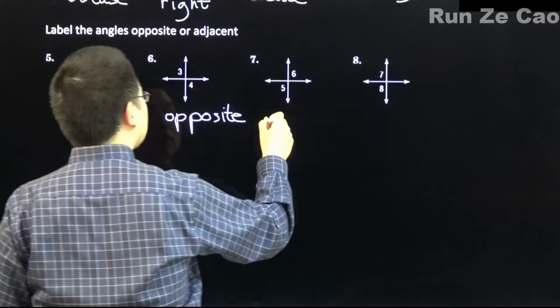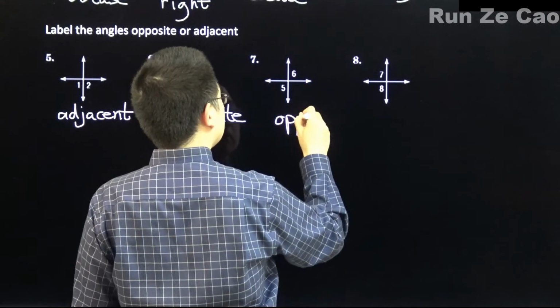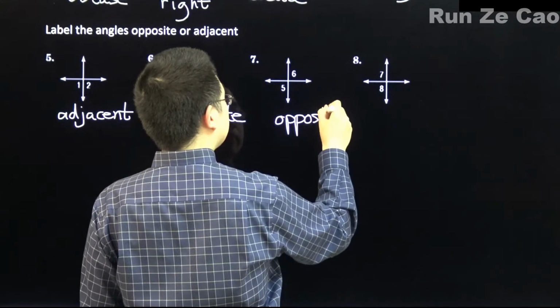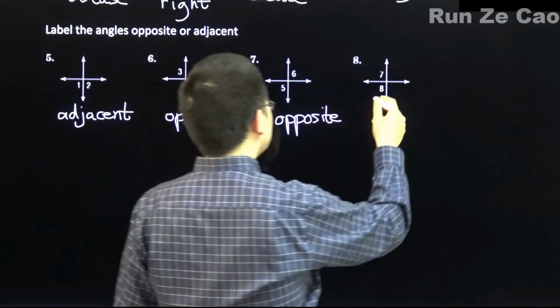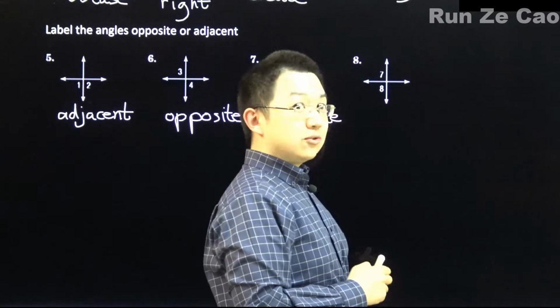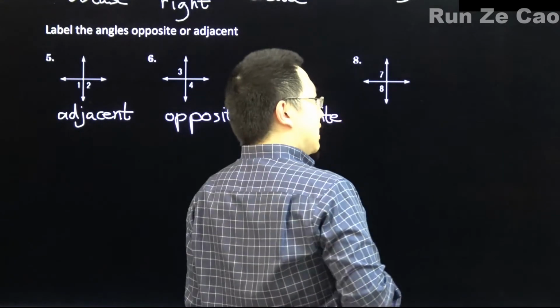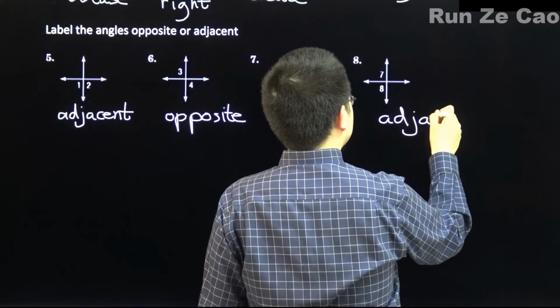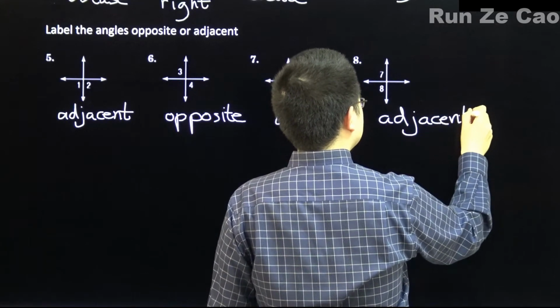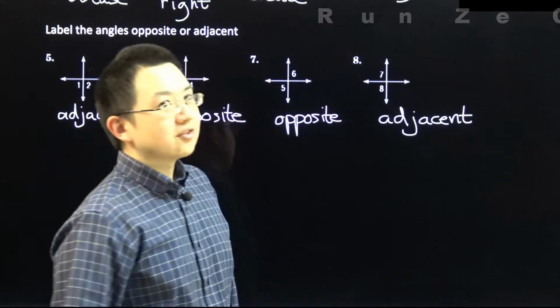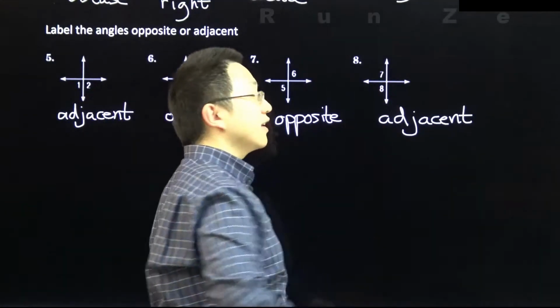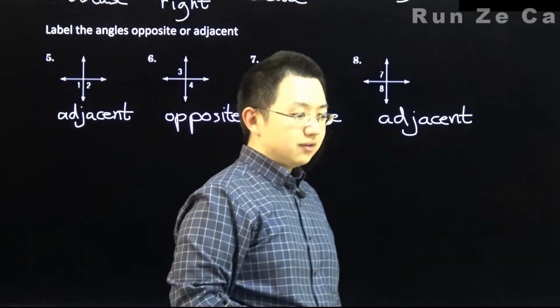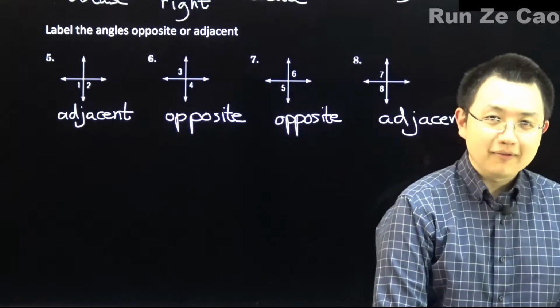These, same thing, they're opposite. And these two are next to each other. Adjacent things are next to each other. More specifically, in this case, they share a side and they share the same vertex. And they don't overlap. Okay?